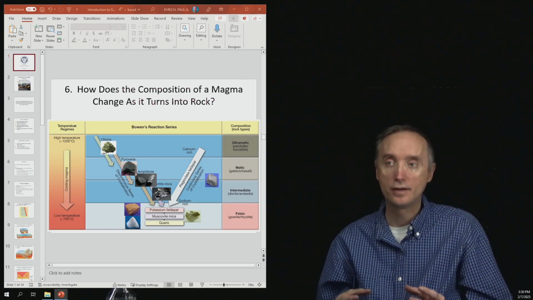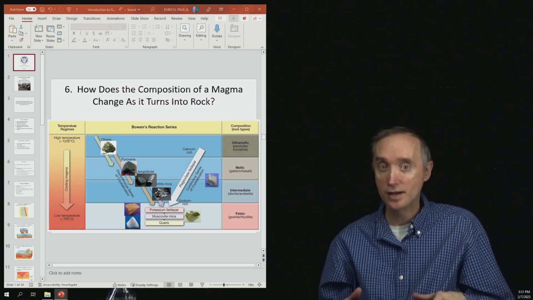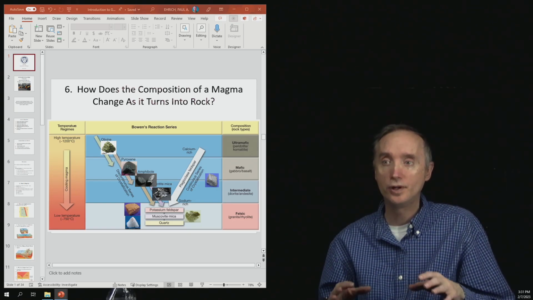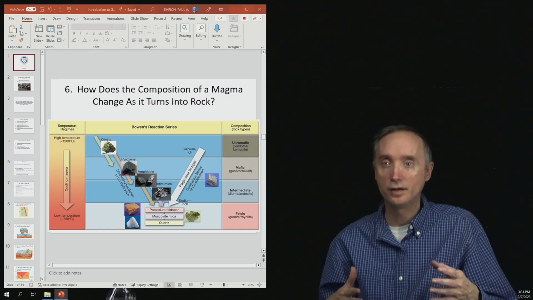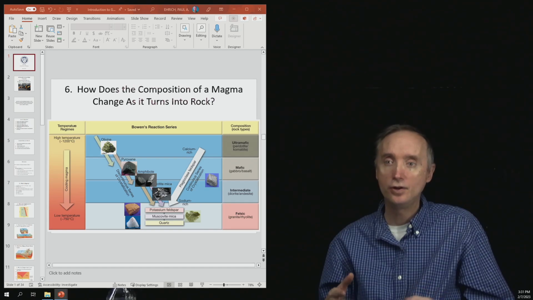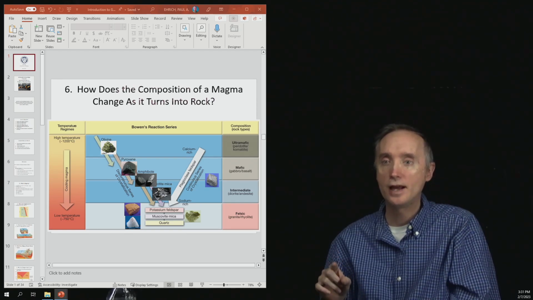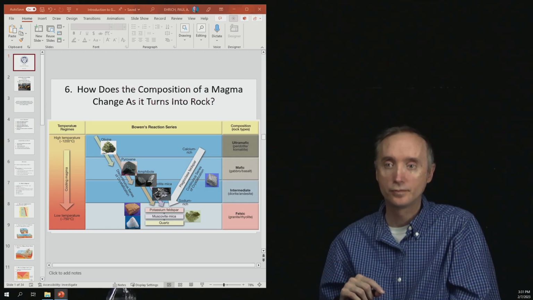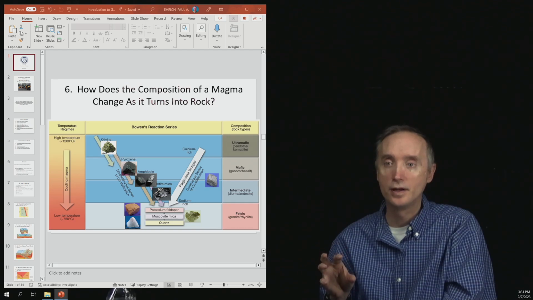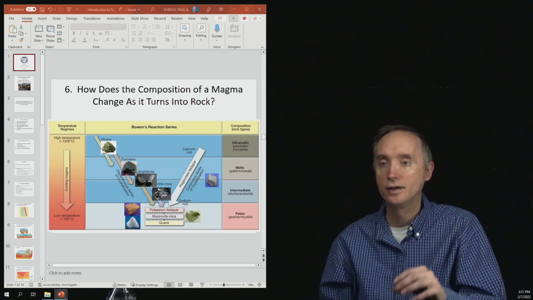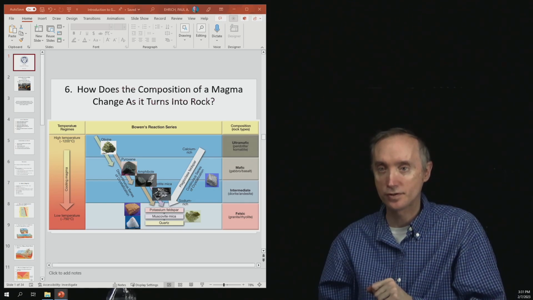So if we take that melt and freeze it just like that, we would end up with a rock composed mostly of olivine. You'll also notice it's going to have a little bit of plagioclase feldspar. Now, the thing about plagioclase feldspar is that it has a range of different chemical compositions.